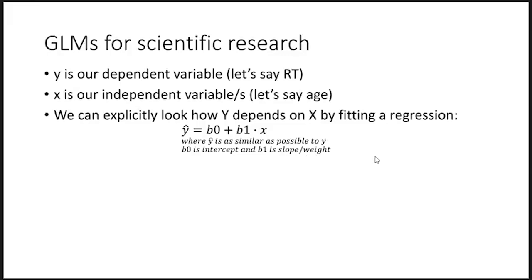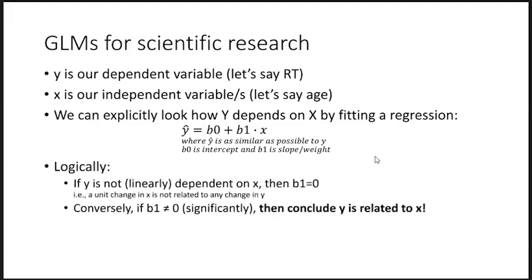Okay, so what do we do with this? Logically, let's say we collected the data and we fit the model and we got the 2 parameters. What do we do? Well, logically, if y is not linearly dependent on x, the reason it's linear is because this is a linear equation, an equation for a line, then b1 will get a weight of 0. Right? Because the changes in y are not predicted by the changes in x. Is that clear?